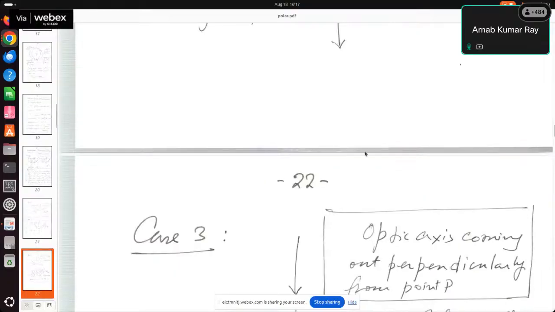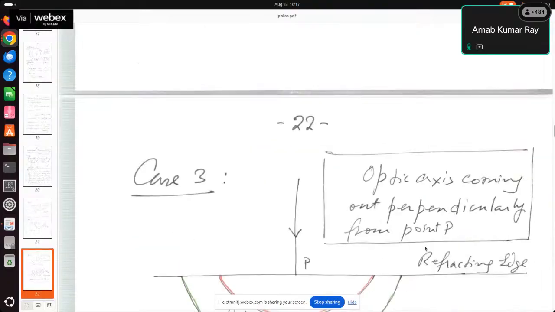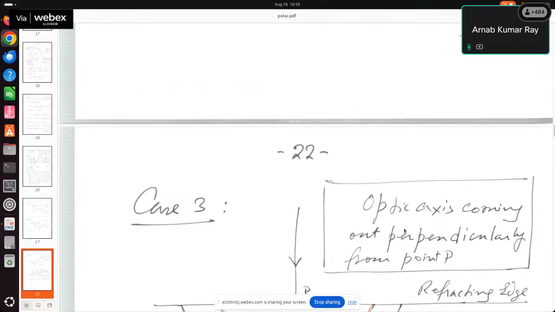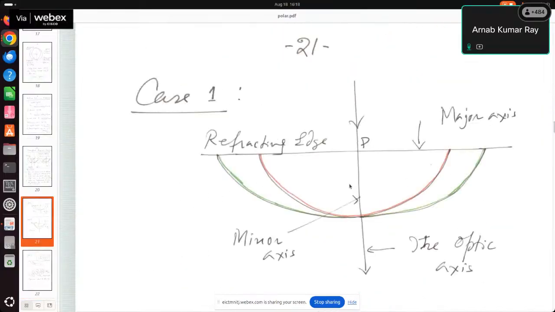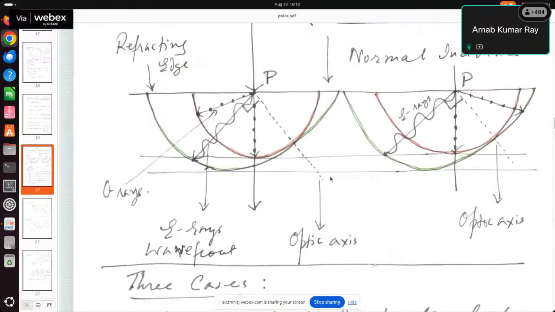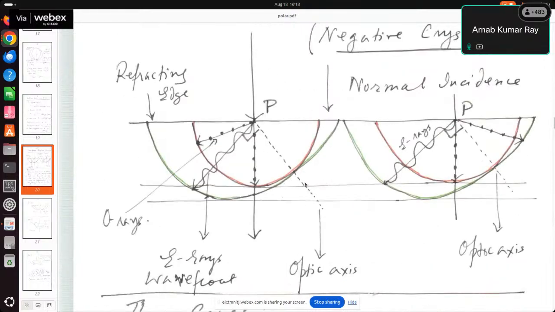And case 3, optic axis coming out perpendicular from the point P. Let us now see what you will look at. You are looking at this axis head on from below as it has been lifted and brought up to this, perpendicular to this, perpendicular to this, and pointing towards you.